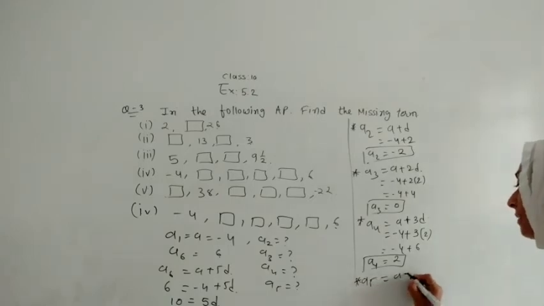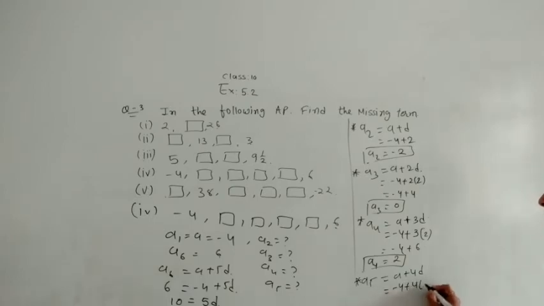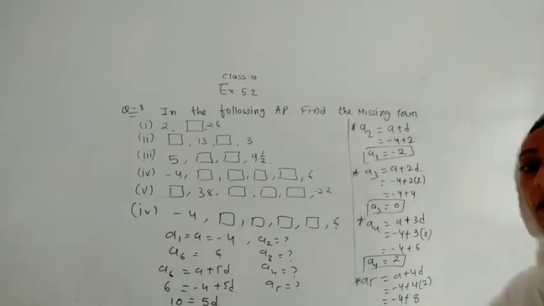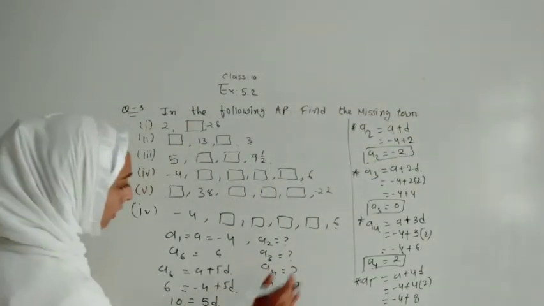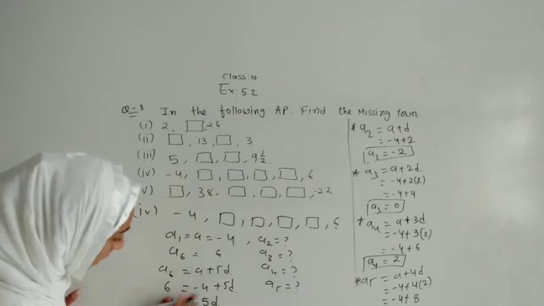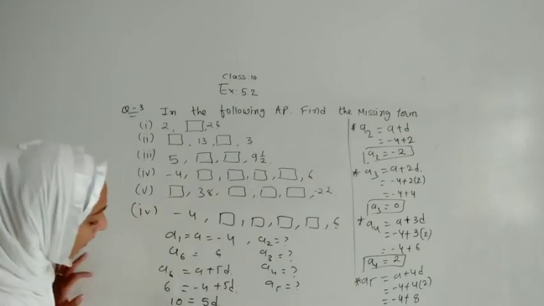So A5 is A plus 4D. A कितना दिया है, -4. Difference is given as what? Difference is given as 2. -4 as it is. 4 2s are 8. I think this is not visible to you. Difference I got. Let me write somewhere over here that if we are reducing the D we are getting.